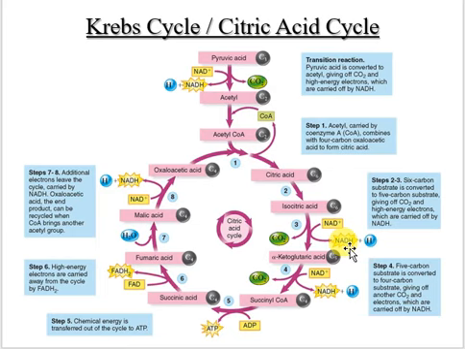So to start, during the cycle, each acetyl coenzyme A goes through a transition reaction that involves the conversion of NAD plus into NADH, as well as the release of carbon dioxide.